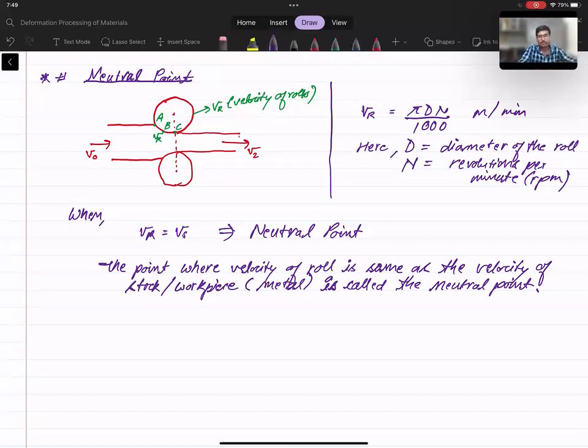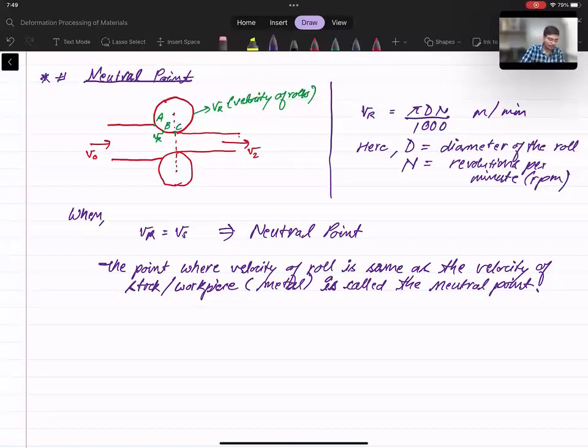Now also here there is possibility of some slipping, as there may be a lack of friction that may lead to slipping of the workpiece, and there might be either forward or backward slip between the stock and the rolls.